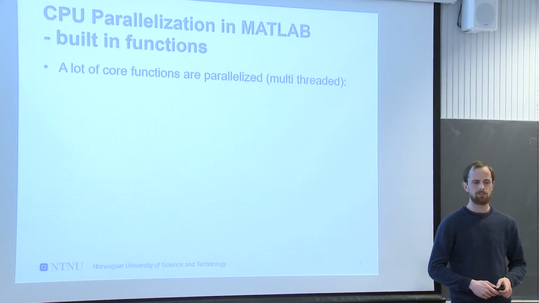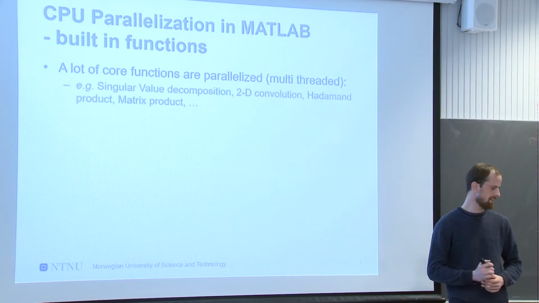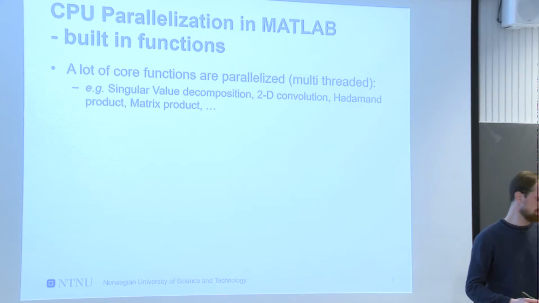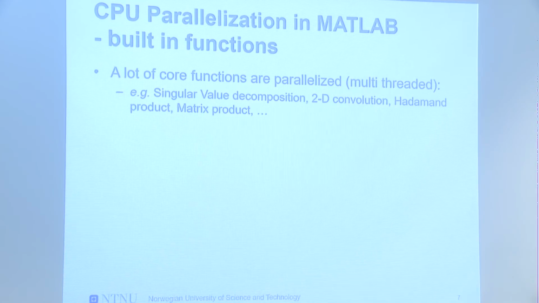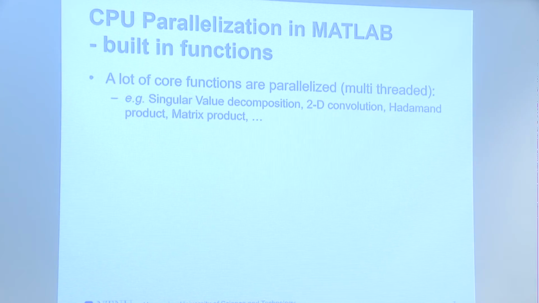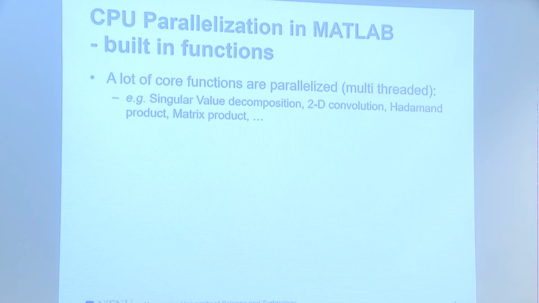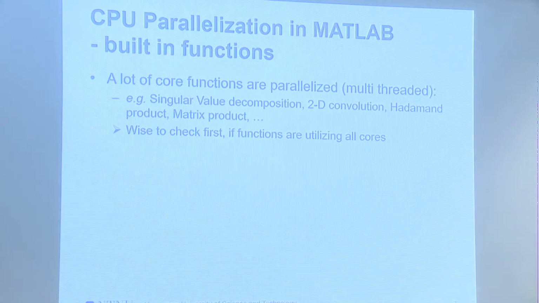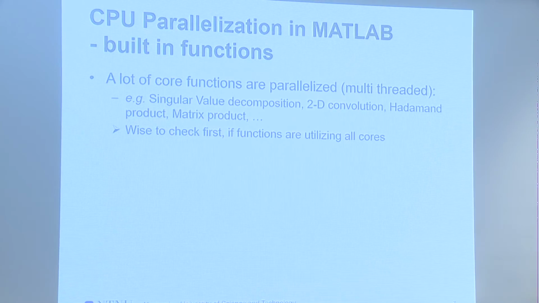So it distributes the work independently to the different cores. That includes singular value decomposition, principal component analysis, convolutions, Hadamard product, matrix product. So quite a lot of things. And it's wise to check: is what I want to do already parallelized? Because then you don't gain anything and even lose time.